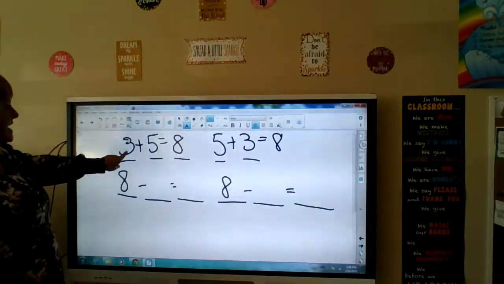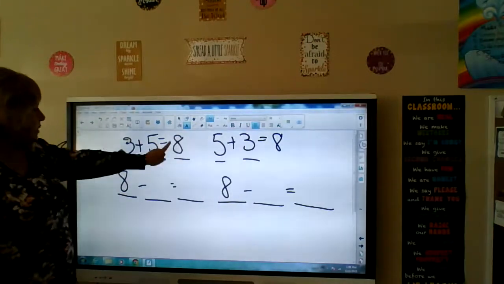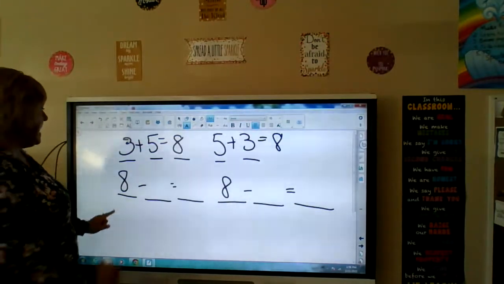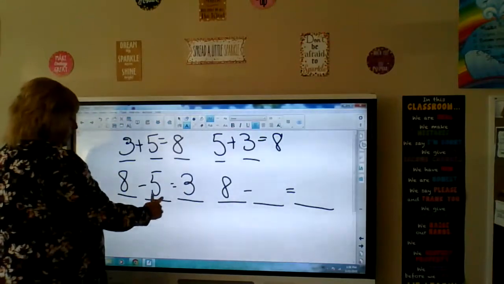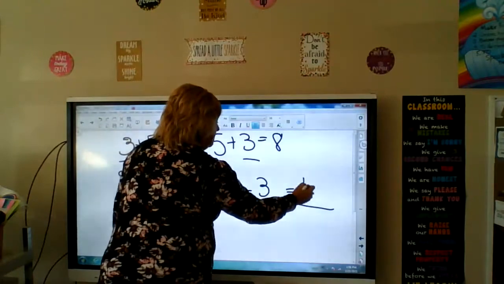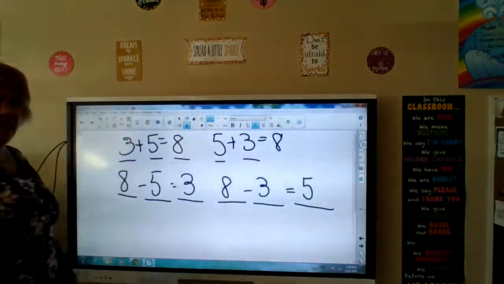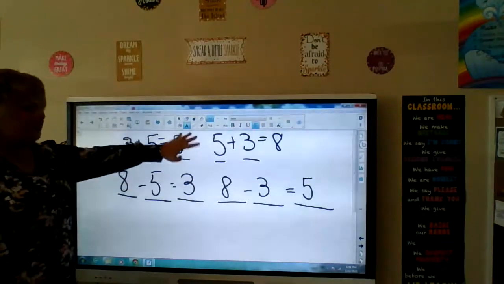Because if we have 3, we can't take 5 away from 3. So for subtraction, we're going to start with the biggest number, which is 8. These two don't really matter which order. 8 minus 5 is 3. 8 minus 3 is 5. That's a fact family. We have all 4 facts in the same family.